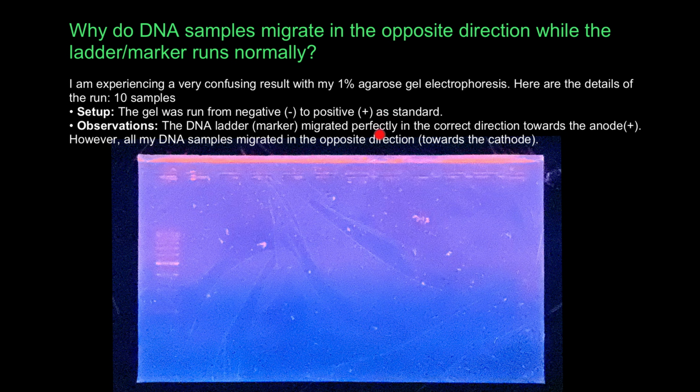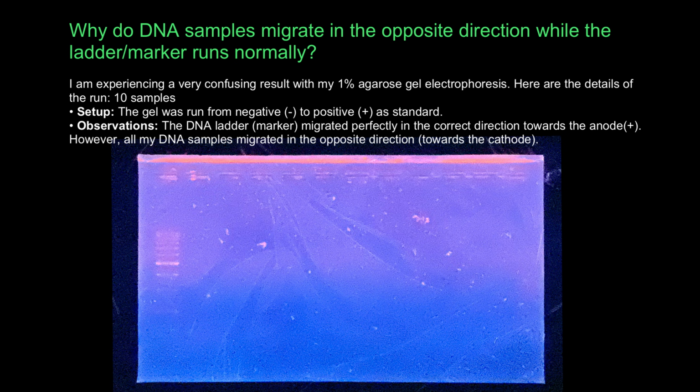Observations: the DNA ladder marker migrated perfectly in the correct direction towards the anode, or positive. However, all my DNA samples migrated in the opposite direction towards the cathode. So it's here. All the samples ended in the wrong direction. This is indeed an interesting and unusual result.